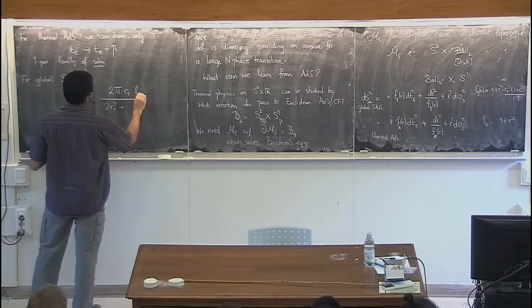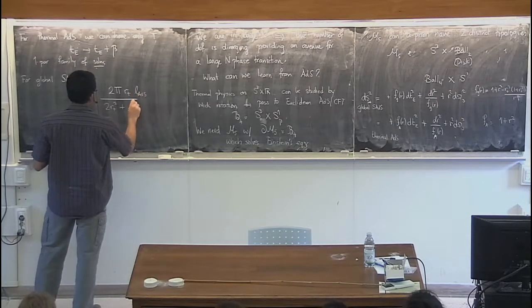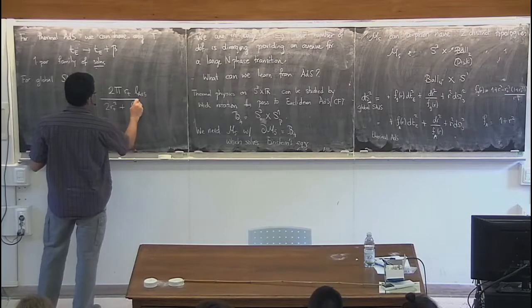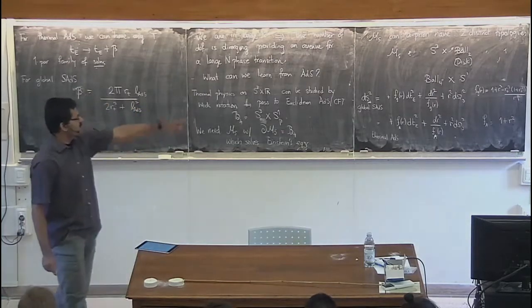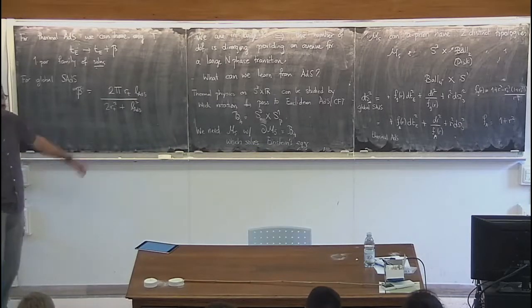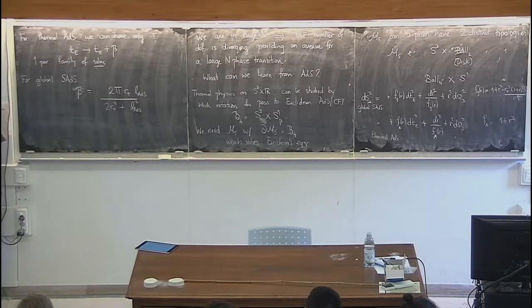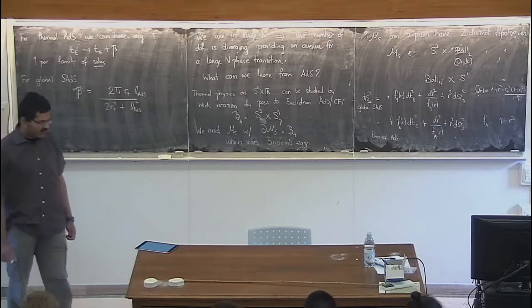Let me put this L_ADS here just to keep dimensions right. In the solution I've set L_ADS to 1, but I put it back here. You can determine it by dimensional analysis.